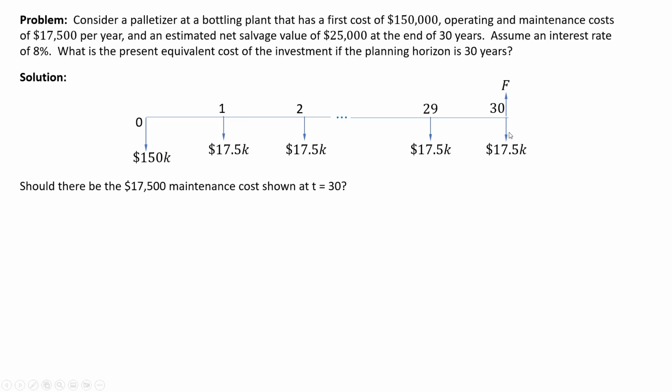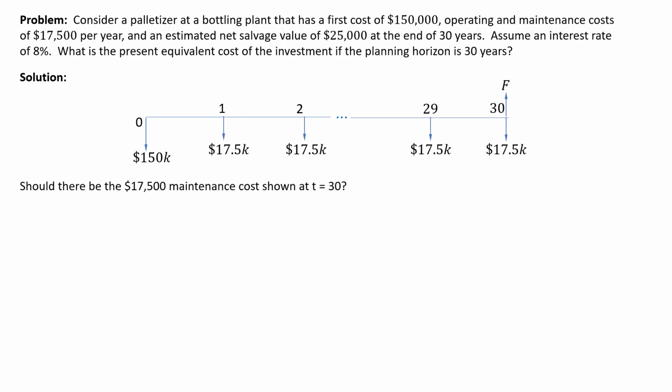Please pay attention. At the end of year 30, you want to sell for the salvage price of 25,000. Well, if you're planning to sell it at that time, would you still incur the maintenance cost of 17.5K that year? That's what I'm asking. Should there be the 17,500 maintenance cost shown at t equals 30?